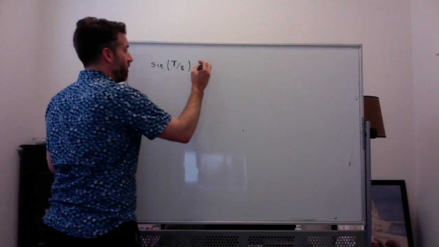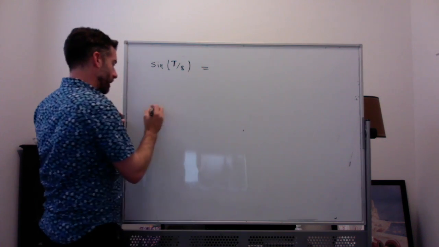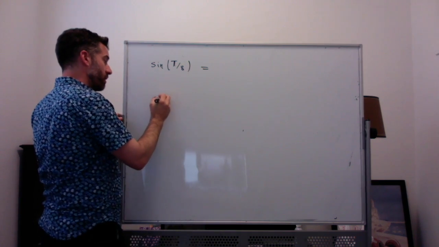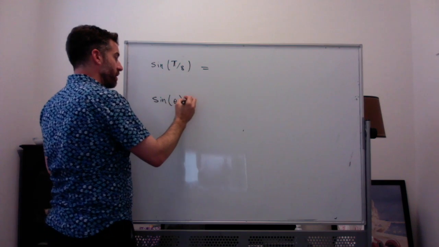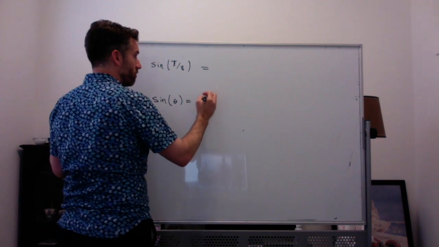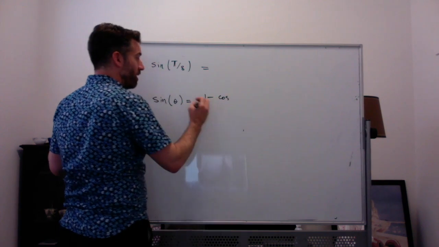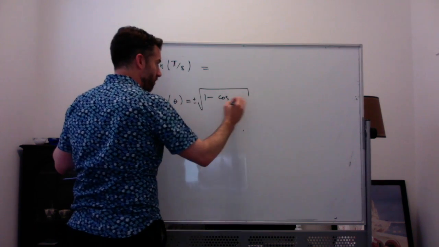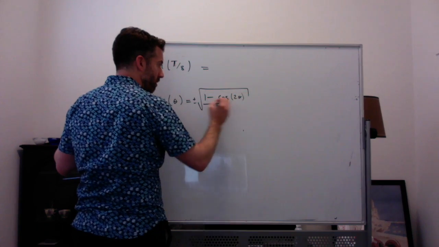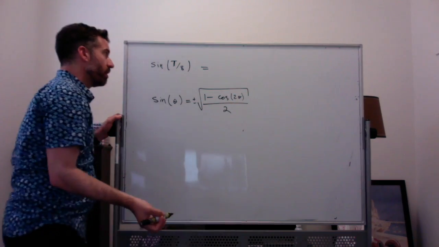And half of pi over 4 is pi over 8. So for sine of pi over 8, I'm using the formula that sine of theta is equal to plus or minus the square root of 1 minus cosine of 2 theta all over 2.